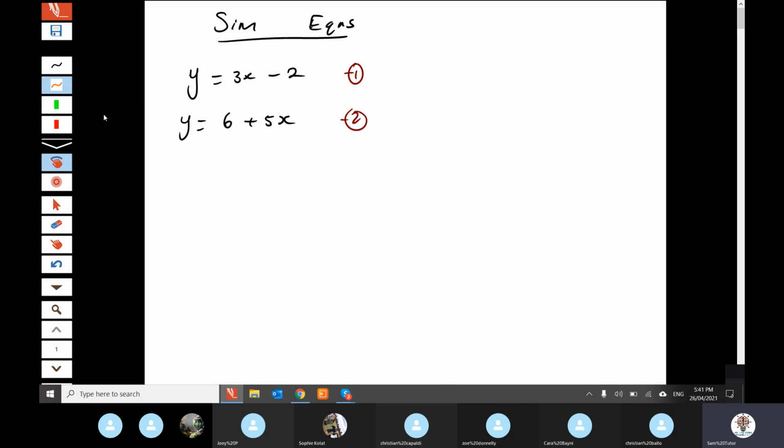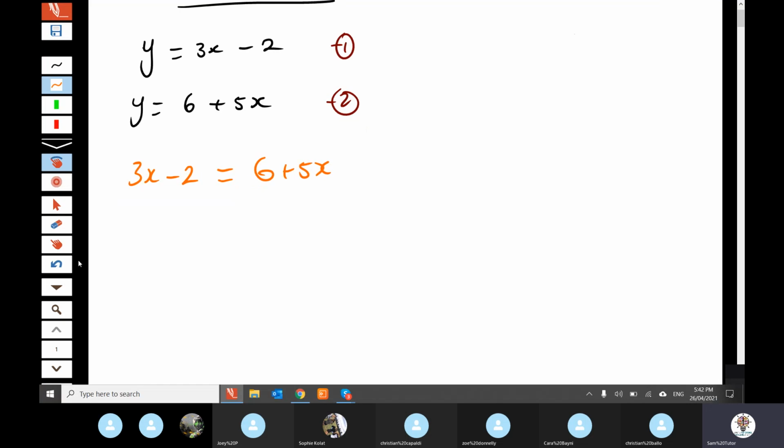So what I'm trying to say is if they're both y equals, the logic is you just say 3x minus 2 equals 6 plus 5x, because the y's must be exactly the same. Does that make sense? That is not doing elimination, it's technically doing substitution.